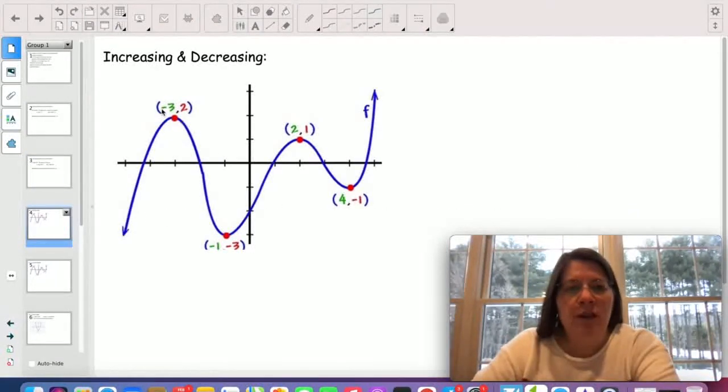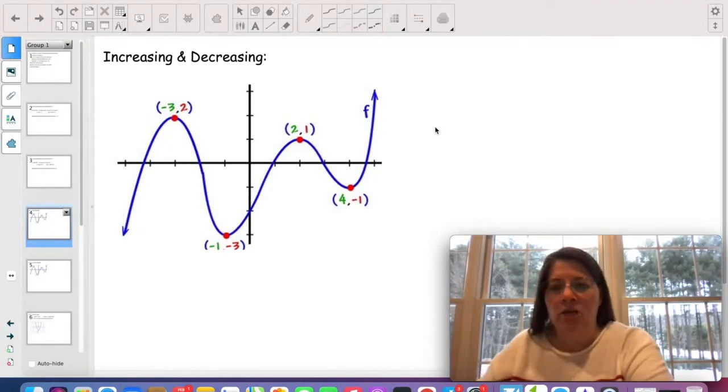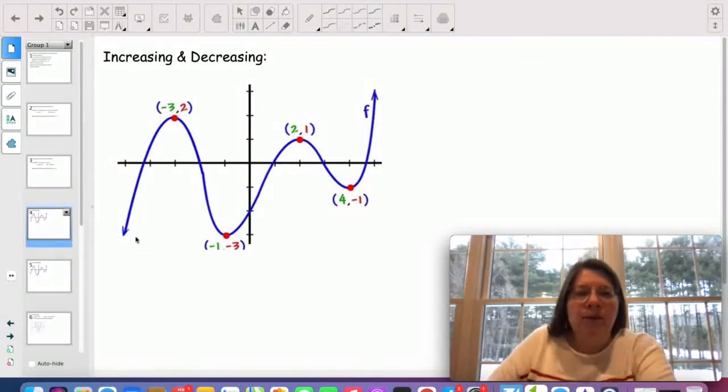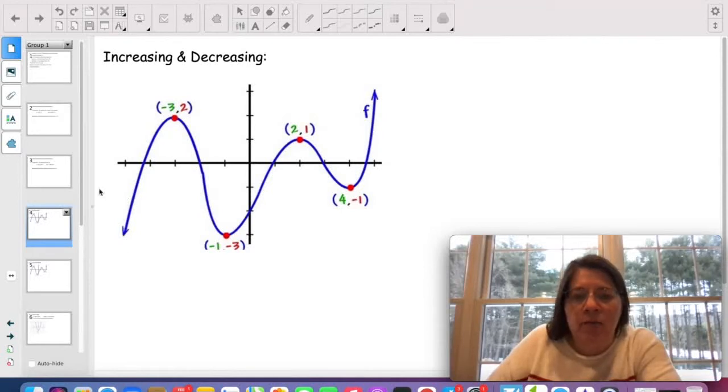In this section, I'm going to review increasing and decreasing. And you might recall that earlier in the year, we talked about when a function is increasing and decreasing. A function is increasing if, as we move from the left to the right along the graph, it's going in an upward direction. And we're talking about x values going from negative infinity to positive infinity.